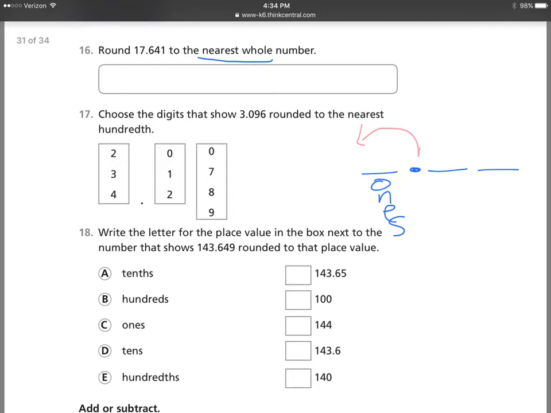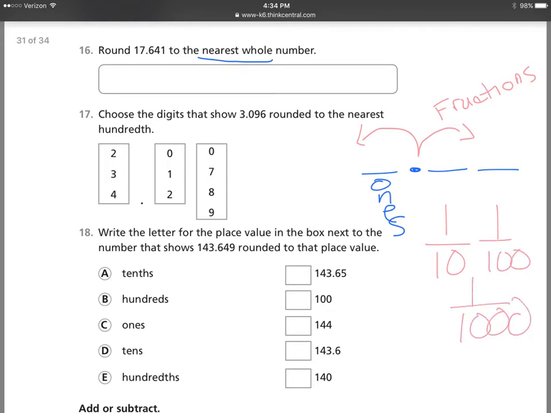And the numbers to the right of the decimal are fractions of a number, because you read them as tenths, hundredths, and thousandths, which you would write as 1/10, 1/100th, or 1/1,000th as a fraction. So all the numbers to the right of the decimal, because of the way you read them, are fractions.